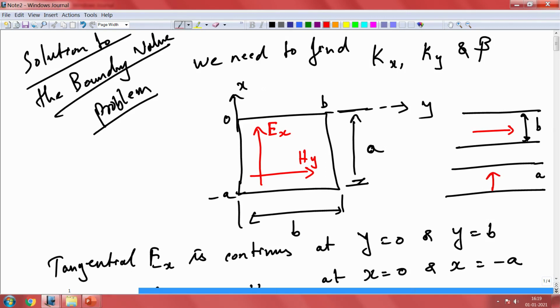You can decompose it into X and Y, and based on their alignment you can use our simple planar waveguide understanding here. So, one can do that.